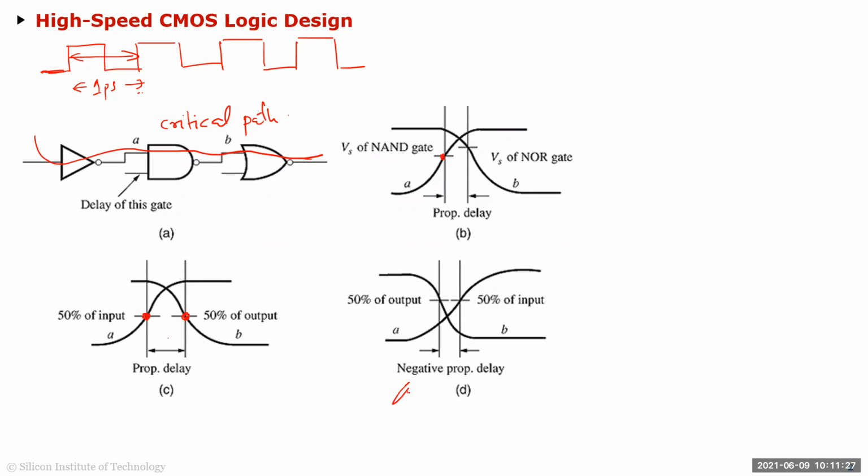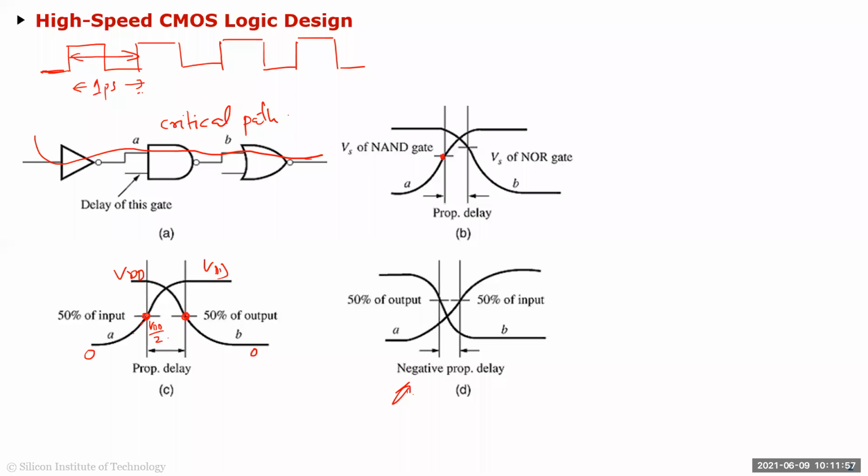like it's shown here, you could get negative delays. Negative delays in the sense, so let's say this was your input, right? So your input is transiting and your output is transiting. So let's say this is 0 to VDD, and you're going from VDD to 0 here. So when your input transits from 0 to VDD, then your output transits from VDD to 0.